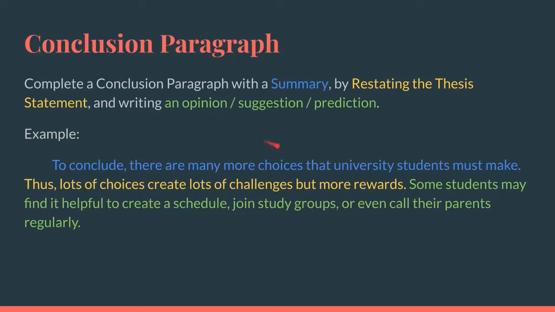But an opinion would be something like, although these challenges are difficult, students can get through them and become better people, not will, because we're not using a prediction. A prediction would be something like, many students will overcome these challenges and be ready to face life alone, or become adults. So that's an example.